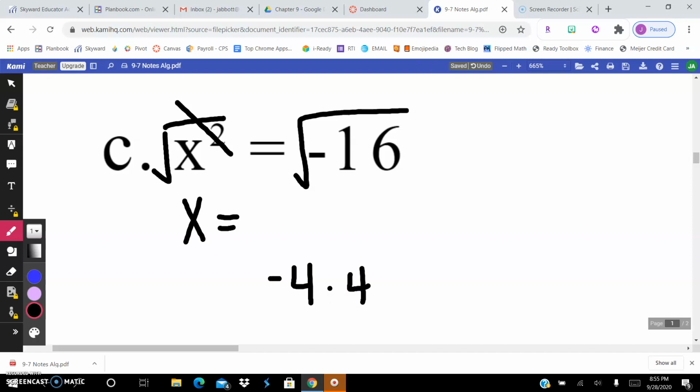So if I make one of those negative, I'm not going to have the same number being multiplied together. If one was negative, they both have to be negative, and that would still give me an answer of positive 16. So anytime you're left with that negative under the radical, there's no solution. So this one does not cross the x-axis.